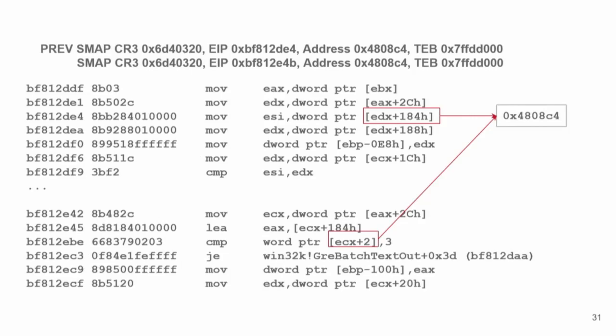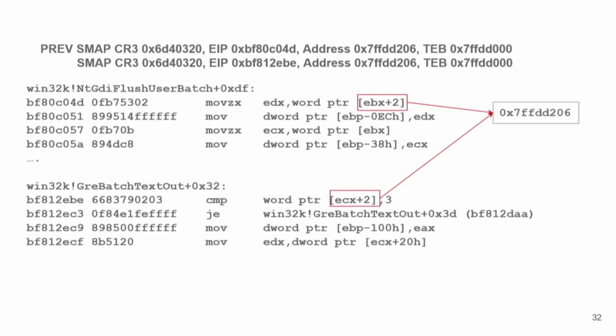And here's an example. Within one kernel function, two places access the same virtual address. And here's another example. Two kernel functions access the same virtual address, but those two kernel functions are very close in the call stack. The first function called the second function. So I think this case could be a little more difficult for static analysis tools to find.